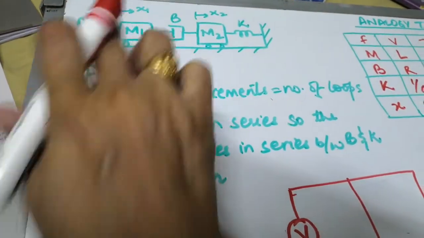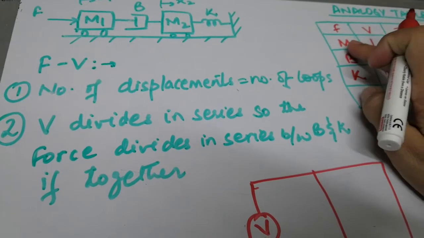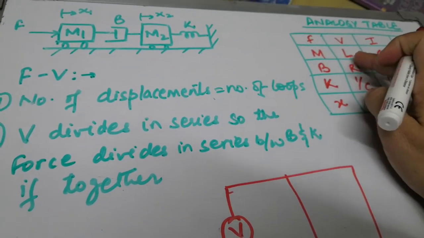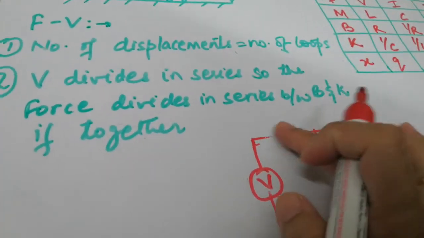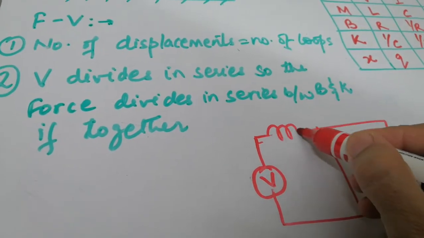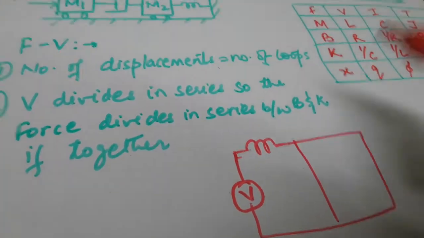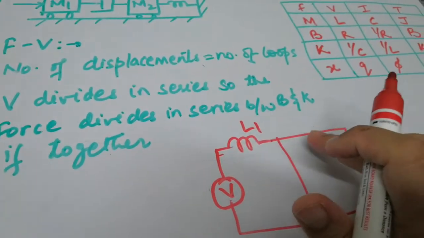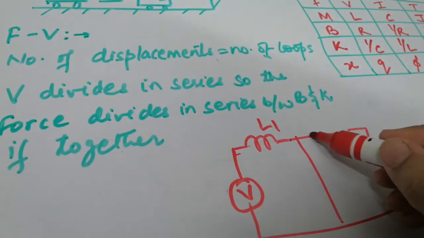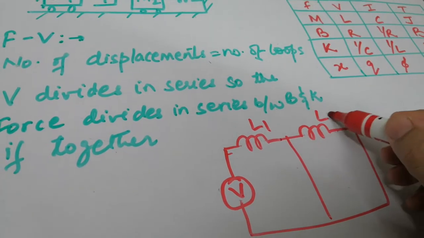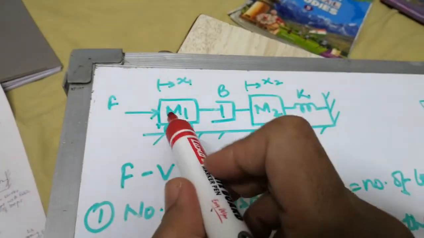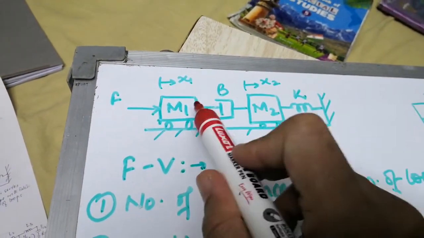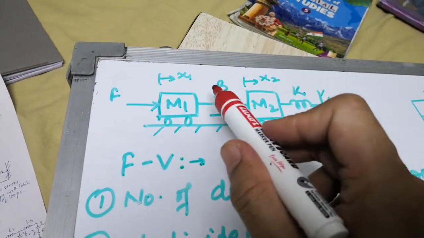Now F is directly touching M1, so corresponding to M I have to draw L. So this V should touch my inductor, which will be given as L1. If L1 is there at the same position, you have to draw the second mass as L2.